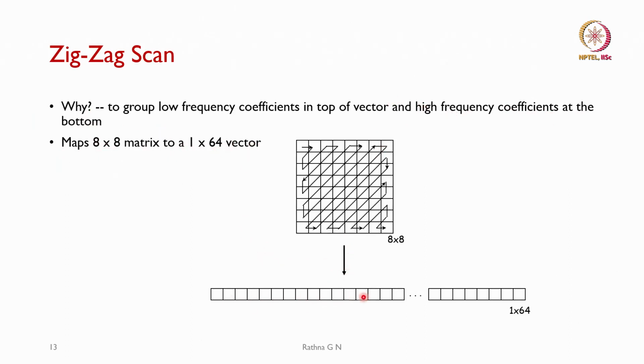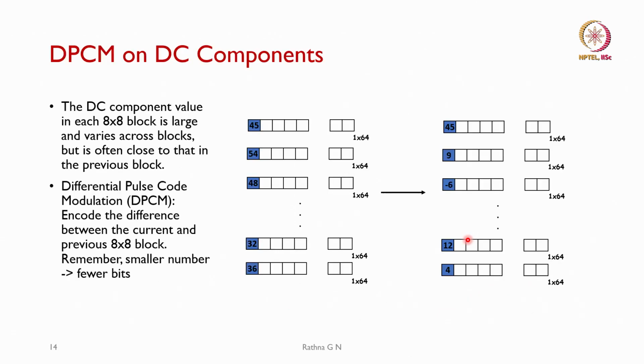As you have seen earlier, higher values were for the DC coefficient on top, and then it decreases. This is how we put it in our zigzag scan and then put the values of the bits here.